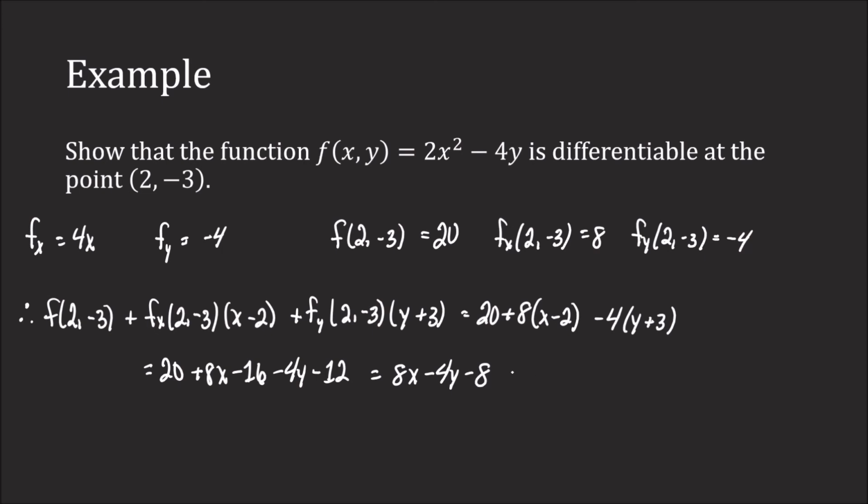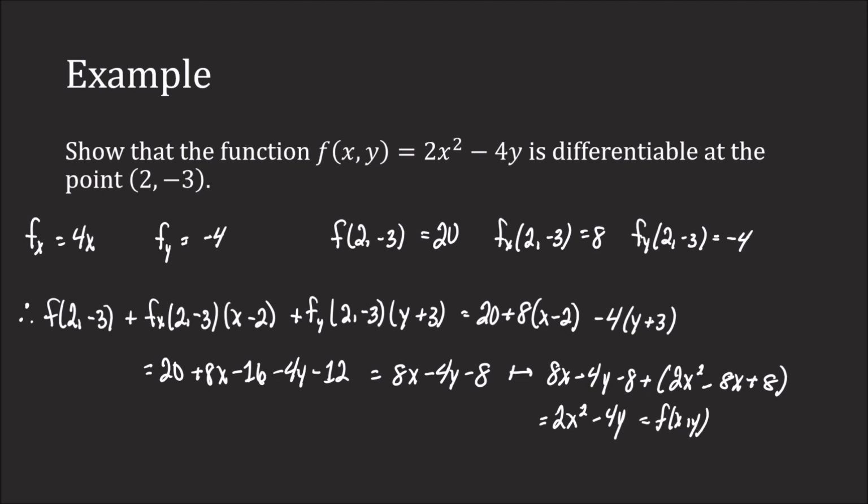So let's write this as 8x minus 4y minus 8 plus 2x squared minus 8x plus 8 is equal to 2x squared minus 4y, and this has to equal f of x, y.